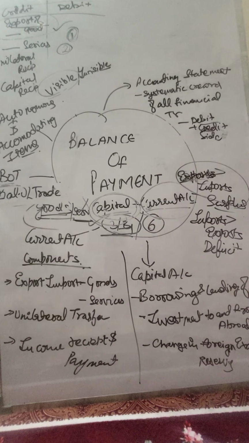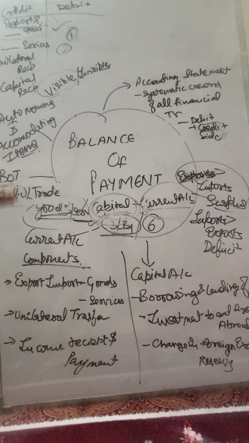Then, transactions that take place on both current as well as capital account can be autonomous. That means autonomous transactions can take place anywhere, in the current account as well as the capital account, but accommodating transactions will take place only in the capital account.